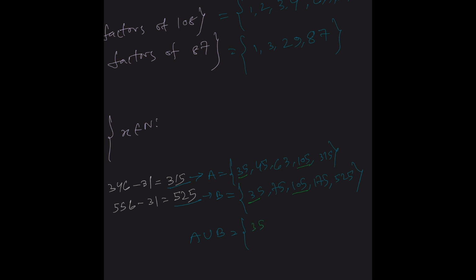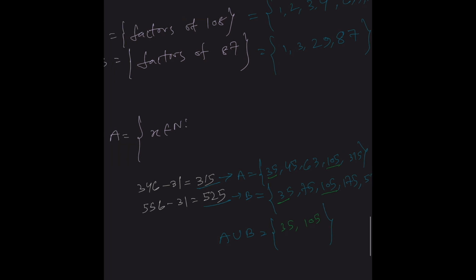These are the only two common numbers. Thus, we can say the set consists of natural numbers which, when used as a divisor for numbers 346 and 556, we get a remainder of 31 each and every time.